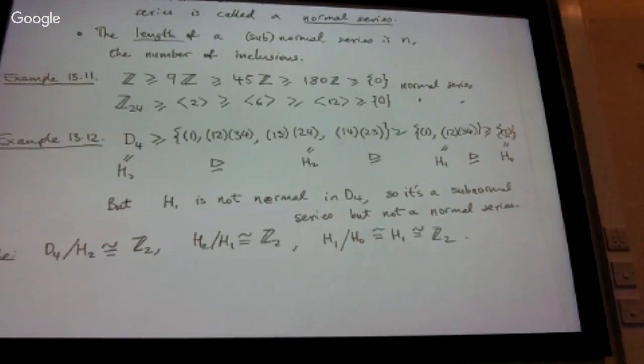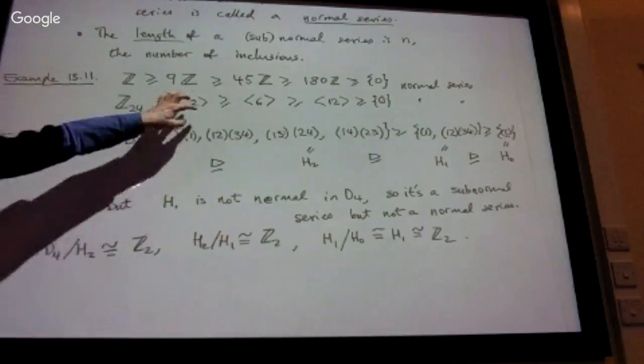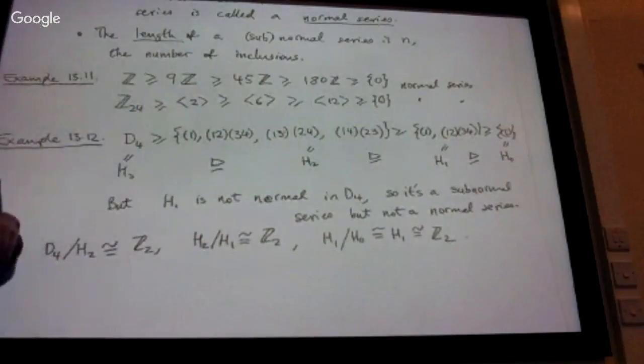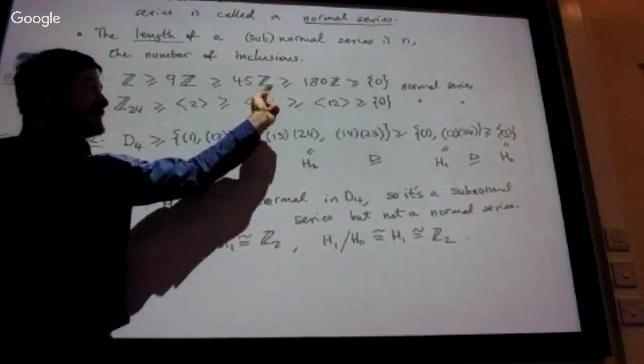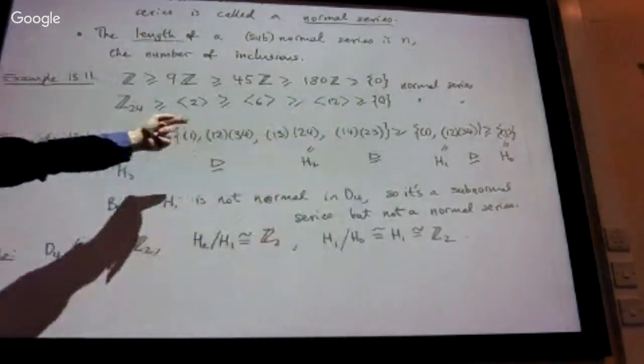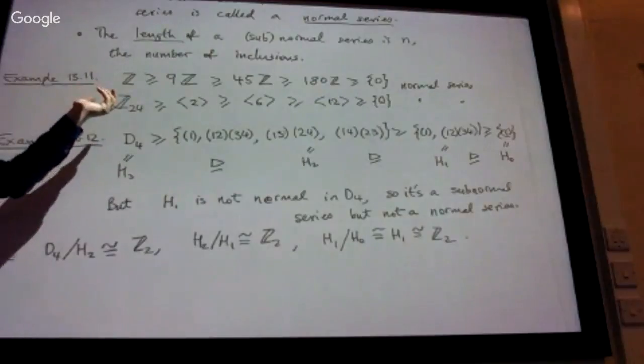So for example here, if you took this one out, and just had Z24 with the multiples of 6 and the multiples of 12 and 0, that's still going to be a normal series.